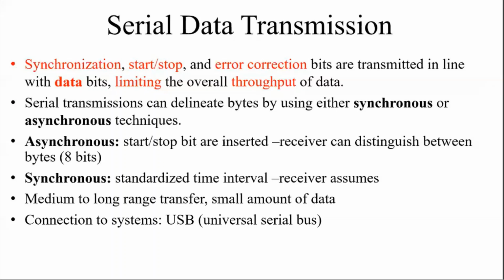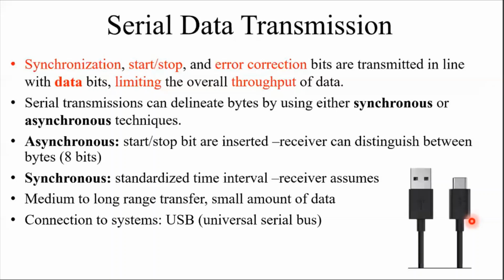For example, your USB cable, the image here, universal serial bus. You can use this USB cable to connect maybe a phone to your PC. This cable transfers the data one bit at a time, that is, the data is transferred in a serial or sequential manner.